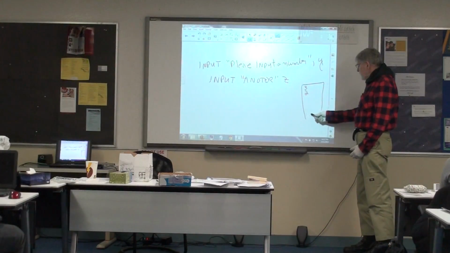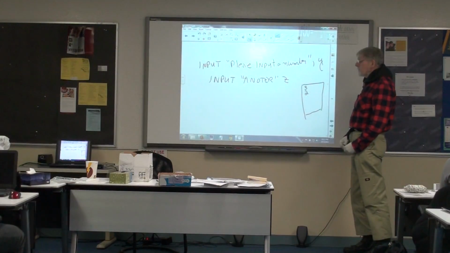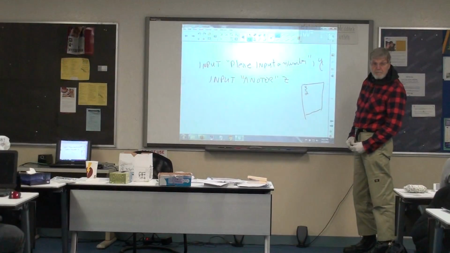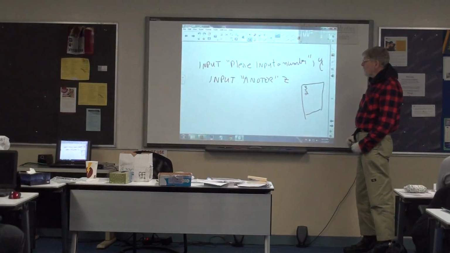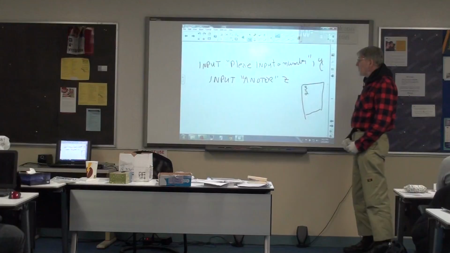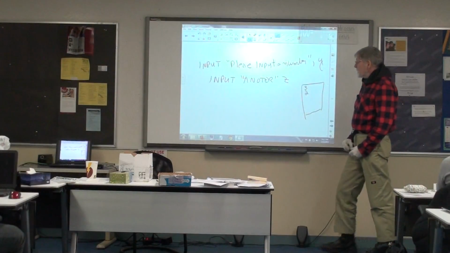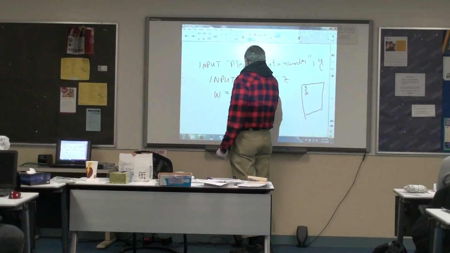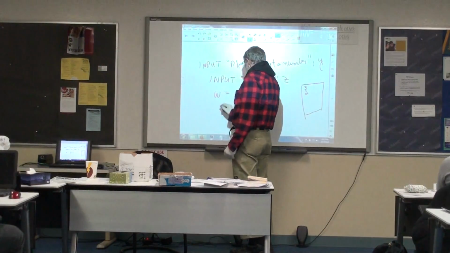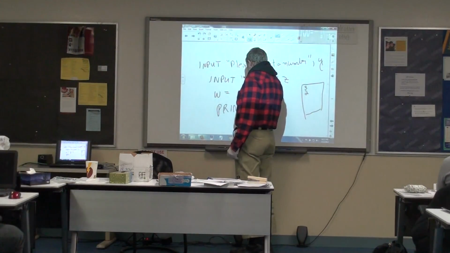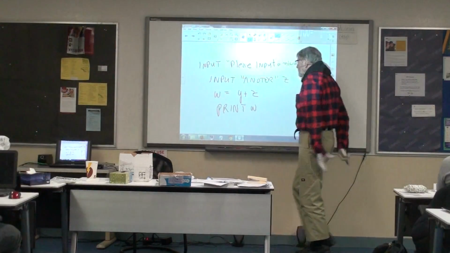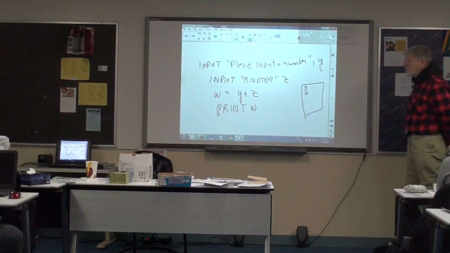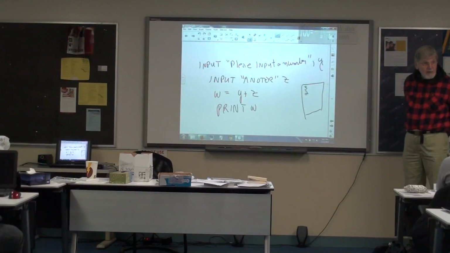This is the little test output screen that you get from the IDE. Something is inputted, and it shows up here. So now, if I say W equals Y plus Z, print W, what's going to print now? 5. True? 5.